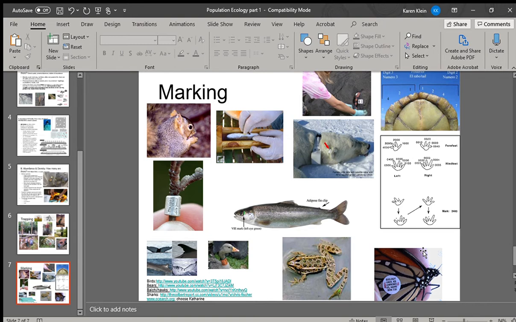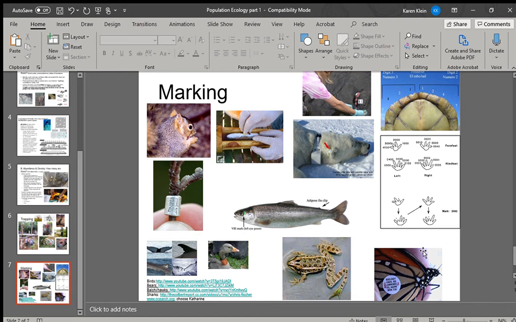For instance, for our mark recapture study on turtles, if we just want to do a Lincoln-Petersen estimate, we could just mark them and release them. But while we have that animal in hand, while we've gone to all that trouble, we're going to measure the animal. We're going to check it for any health problems. We're going to check if it's gravid, if it has eggs. We're going to weigh the animal.